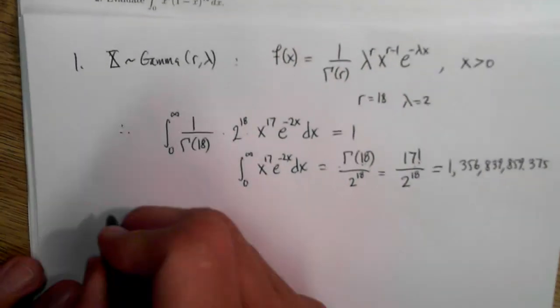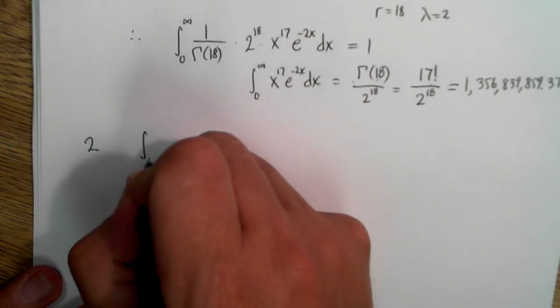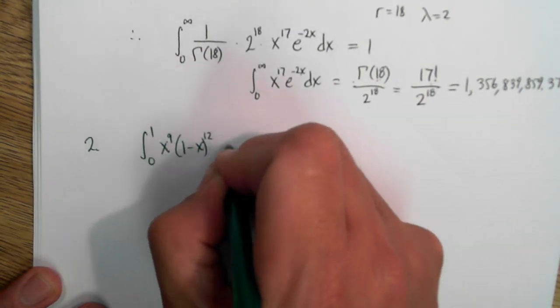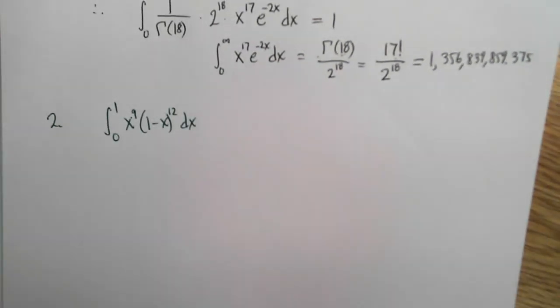Okay, for problem number 2, let me rewrite it. That was the integral from 0 to 1, x to the 9th, 1 minus x to the 12th dx. Okay, to do this one, I will use the beta distribution.